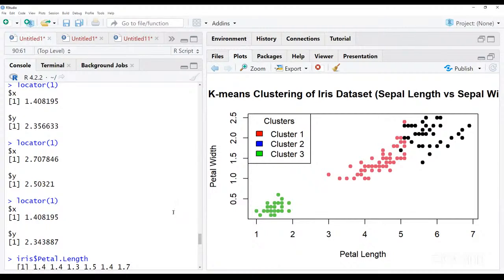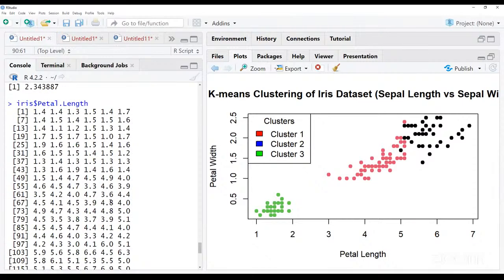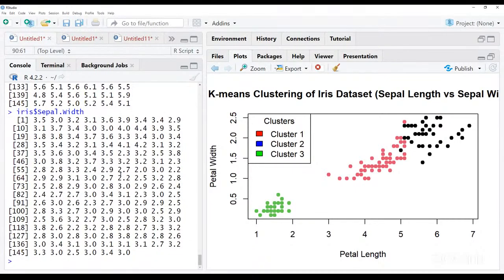It is the clustering. Now if I want to find out which individual has petal width 1.0 and petal length 3.